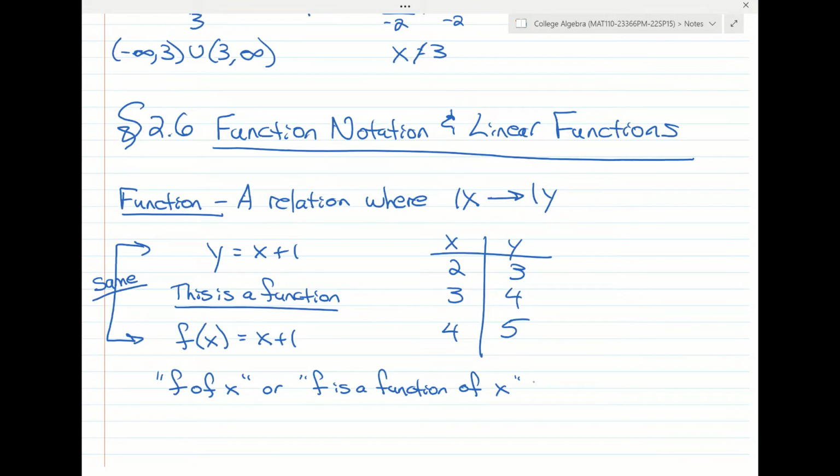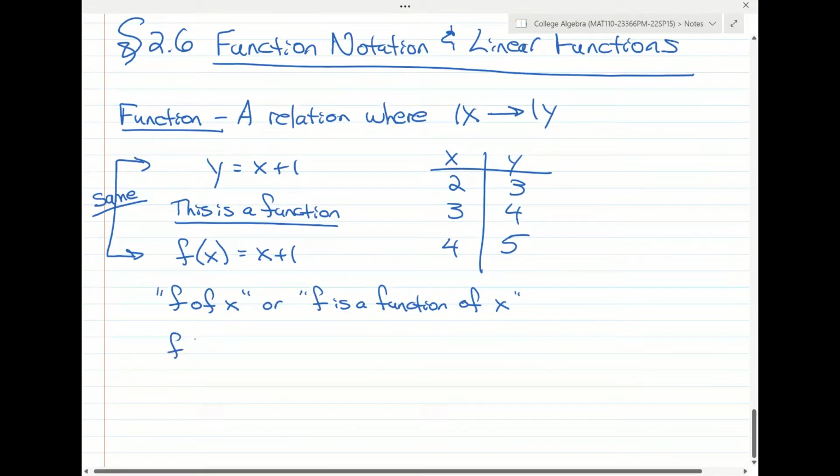F of x or f is a function. F parentheses 1 means evaluate f of x when x equals 1.